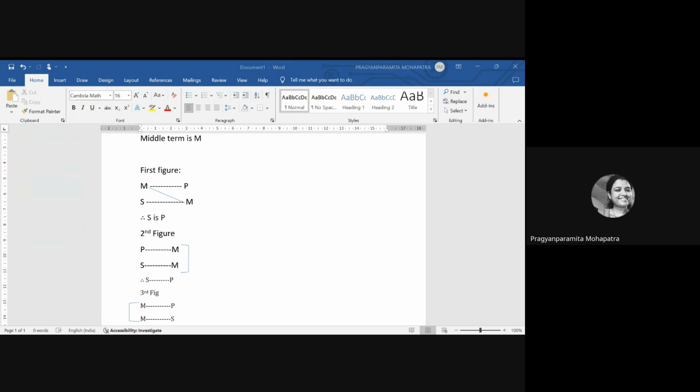Major premise can be the A proposition, E, I, or O proposition. So as the minor premise. Minor premise can also be A, E, I, or O, and similarly the conclusion can be A, E, I, O. Okay?